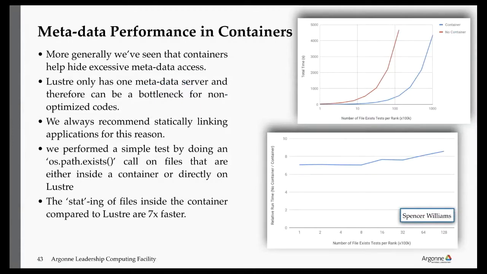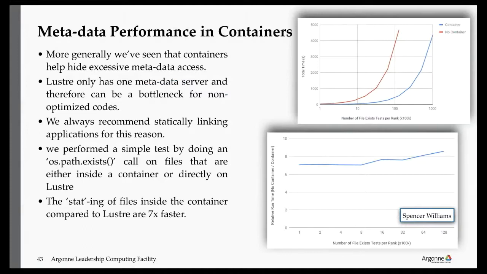And more generally, we had a summer student, Spencer Williams, over the last summer, who measured this explicitly. He created a container with a few hundred files and just did a bunch of os.path.exists calls on the files. So really just metadata operations.